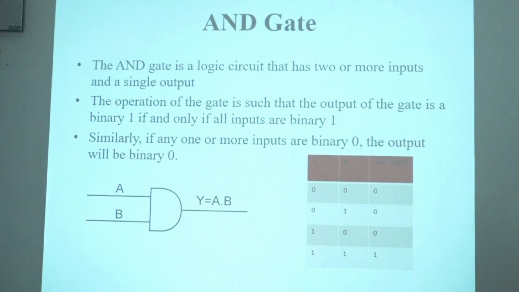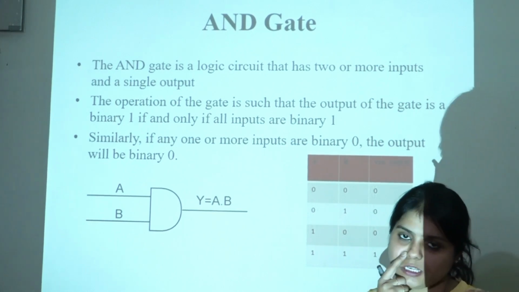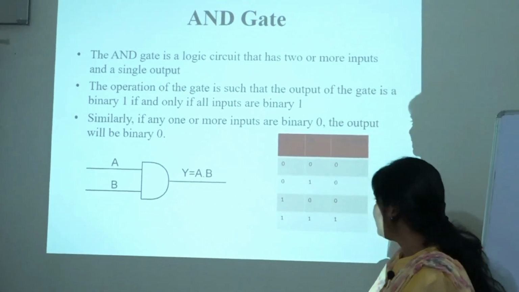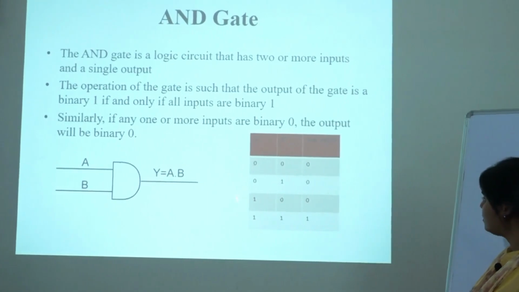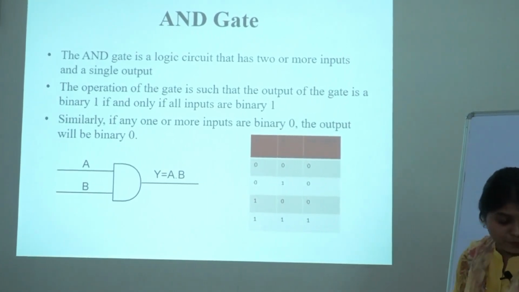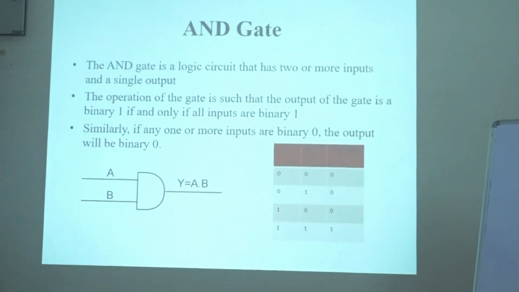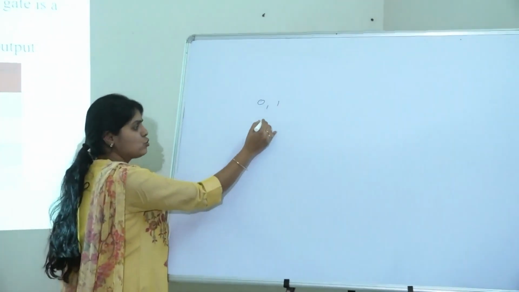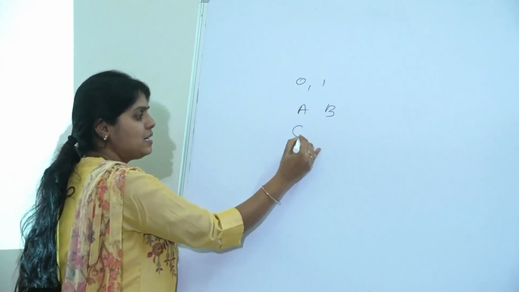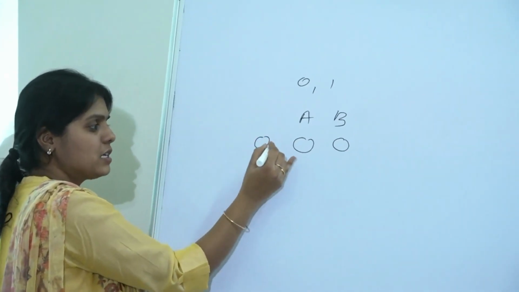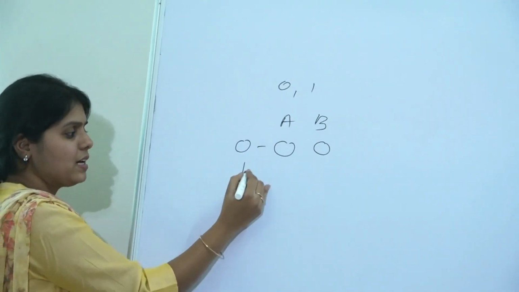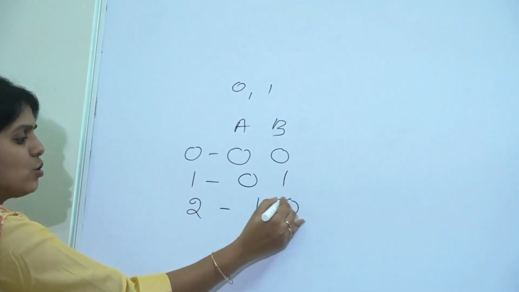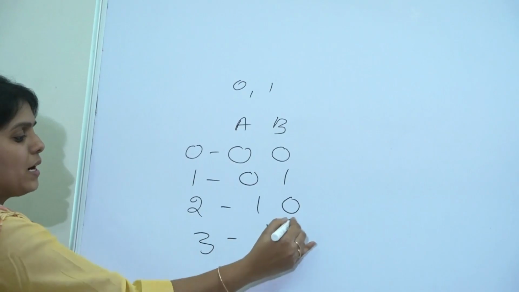The binary representation of this is 0, 1, 2 and 3. Okay. So when I talk about binary representation of 0 and 1 as 2 bits, A and B, I write them as 0 0, which is the corresponding 0th number, and then I write 1 as 0 1, and then I write 2 as 1 0, and I write 3 as 1 1.